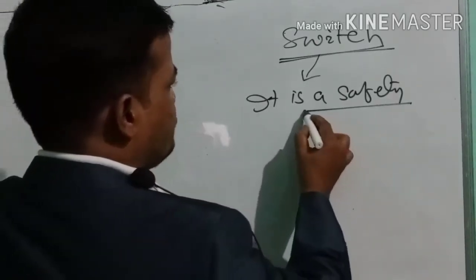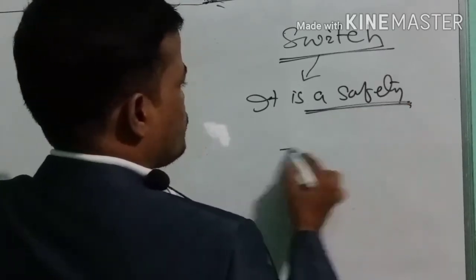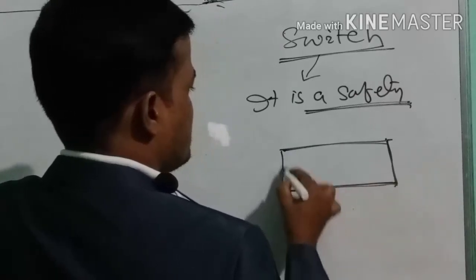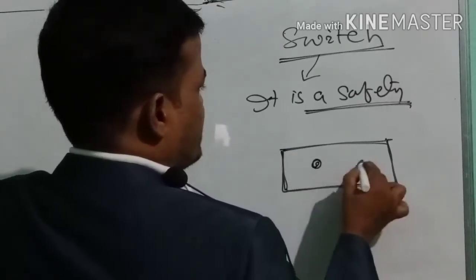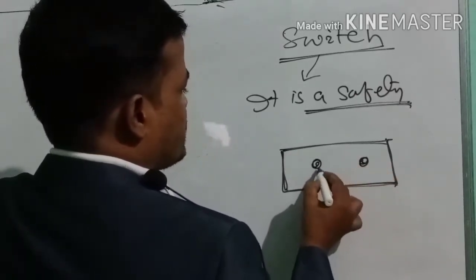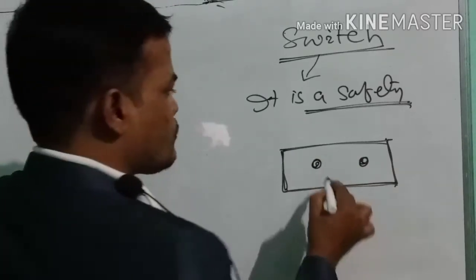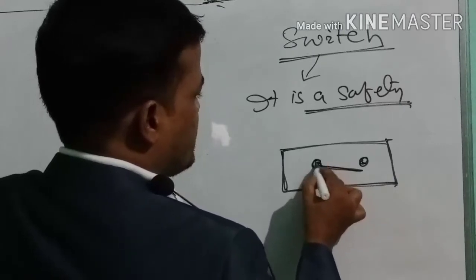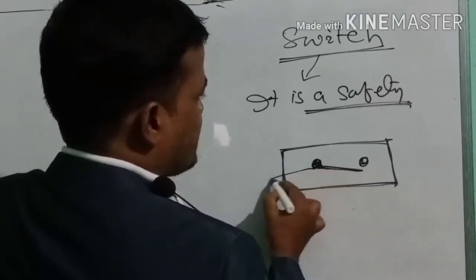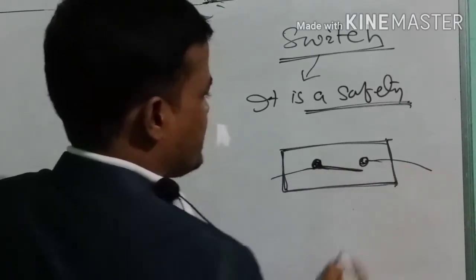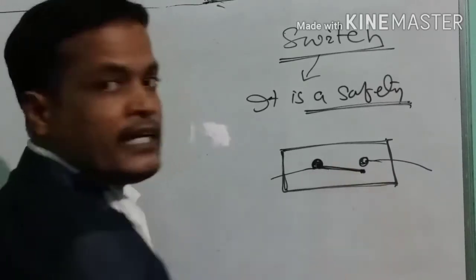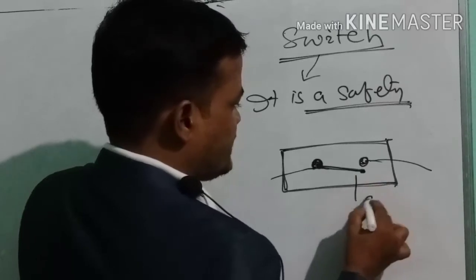And we know that suppose you can make a switch of your own. This is your point, this is your another point. You can take a safety pin nearest to the bulb. In this condition it is connected here, and this point is the other point. And this tip you see here, when it is in open condition, it is in off condition.